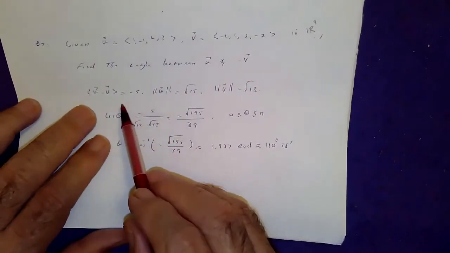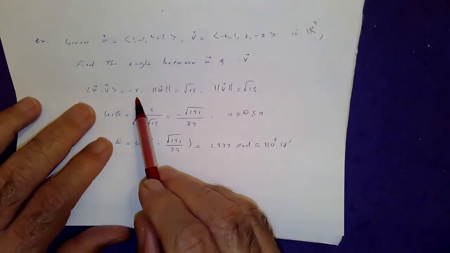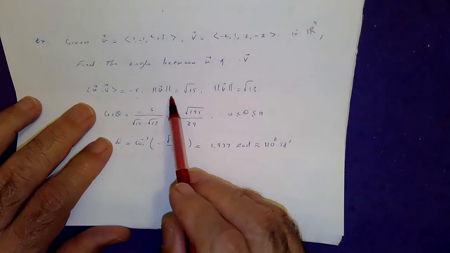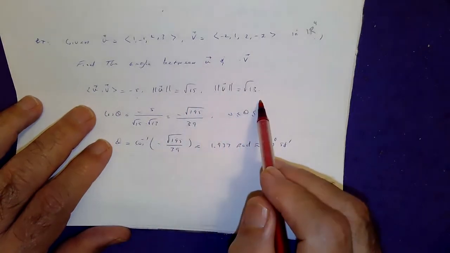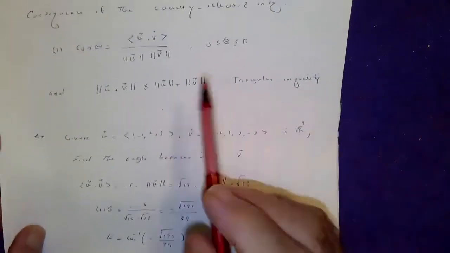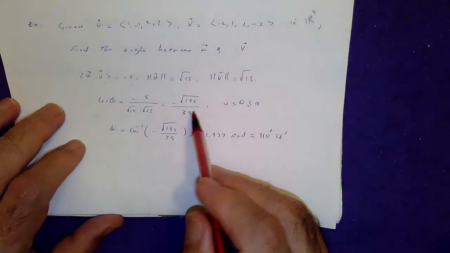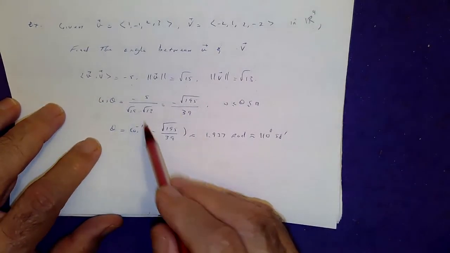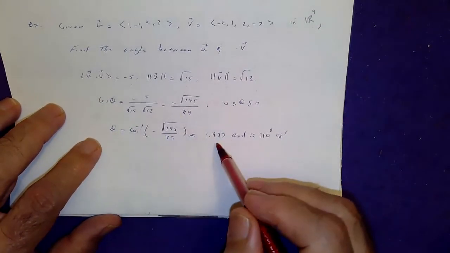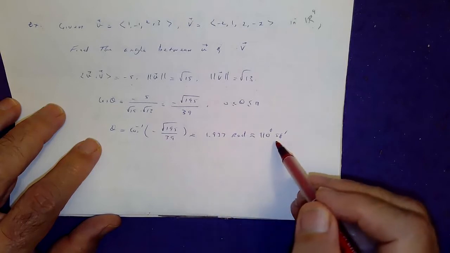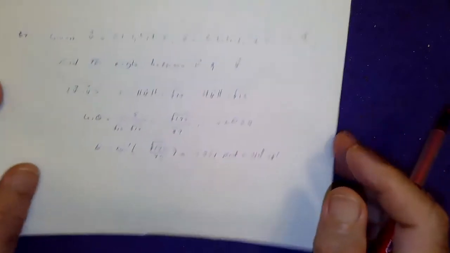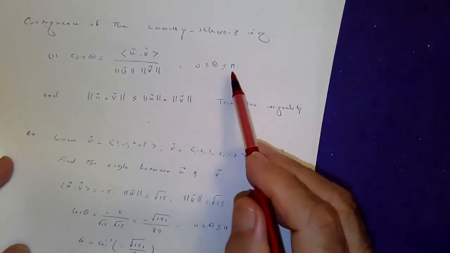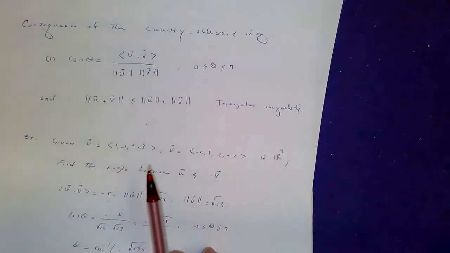So you find the inner product of u and v, which is -5, the norm of u, which is square root of 15, and the norm of v, square root of 13, and plug them into this formula. And lo and behold, you get this negative number. Take the cosine inverse of it, and you get 1.937 radians, or 110 degrees and 58 seconds. Keep in mind, theta has to be between 0 and pi.